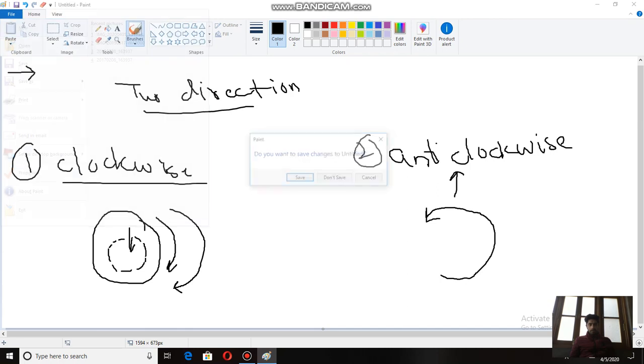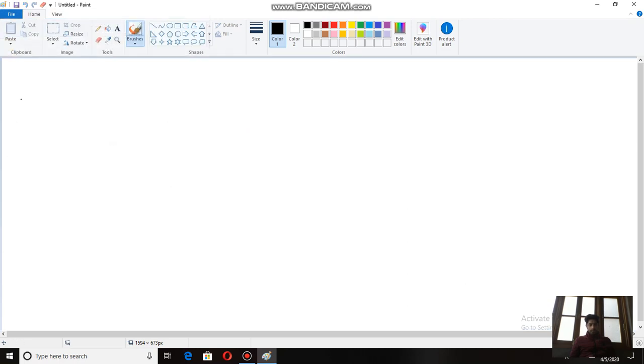Now, we defined angle in the last class. See this thing, this measurement here is known as angle. There is a conventional way of measuring this angle. We measure this angle in anti-clockwise direction.